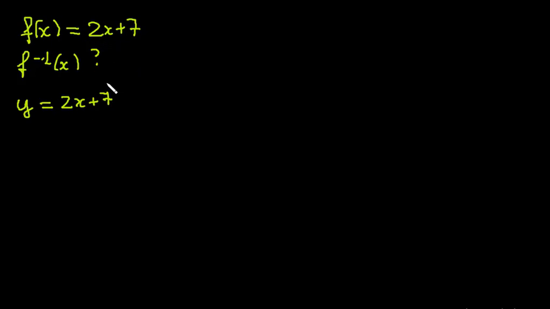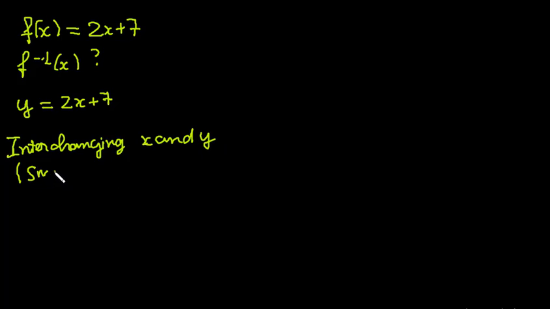Now we do something called interchanging, or you can say swapping, x and y. So first of all, you have y equals 2x plus 7.